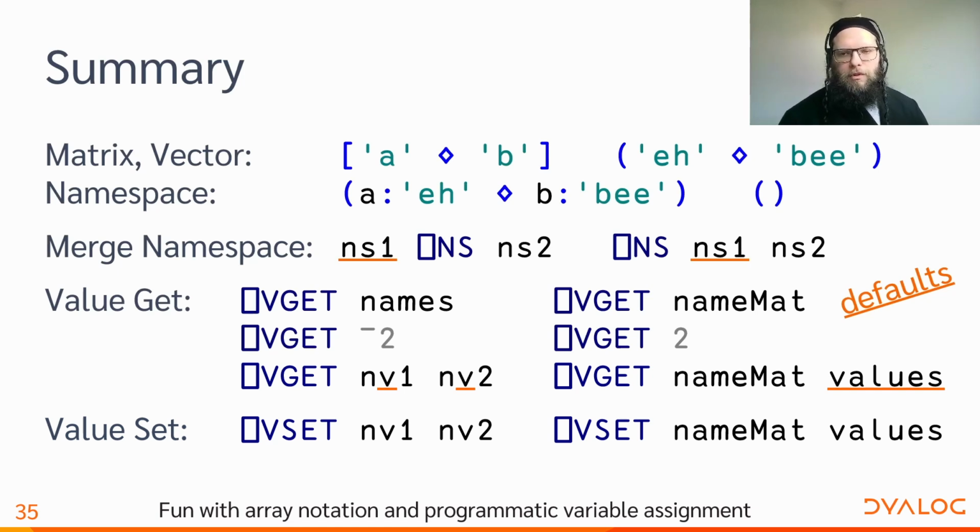When we're using multiple, then whatever is further to the left is the default, and whatever is to the right overwrites that. In quad VGET, the default we have inside the name value pairs is that value, and we can use a matrix with a list of values, and in there we have all the default values for all the names we have, and then we can go and do other things after that.